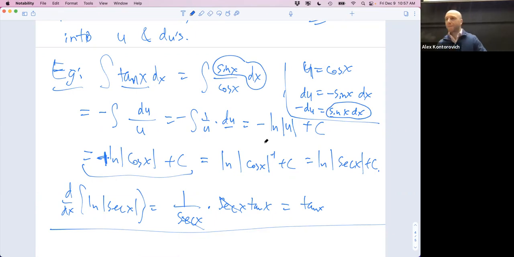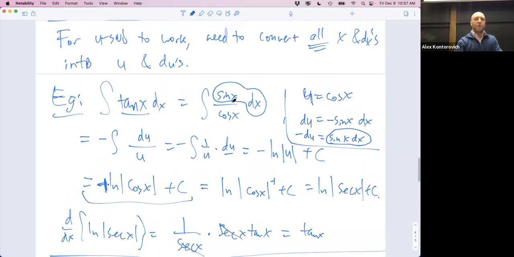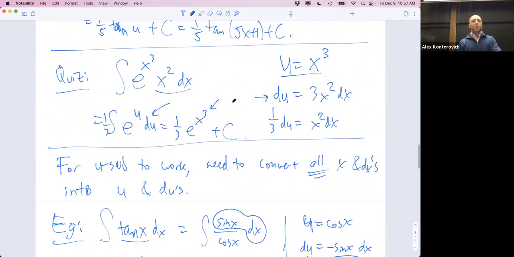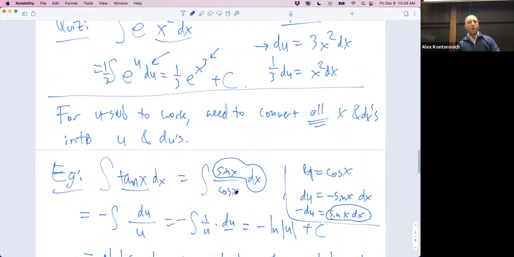We set the denominator equal to u. What you want to look for when you're doing a u substitution is, what do I know how to integrate? I know how to integrate e to the x. I do not know how to integrate e to the x cubed. I know how to integrate 1 over u. I do not know how to integrate 1 over cosine of u or something complicated like that. So look for a simple function and see if its derivative happens to be floating around. Does that make sense?